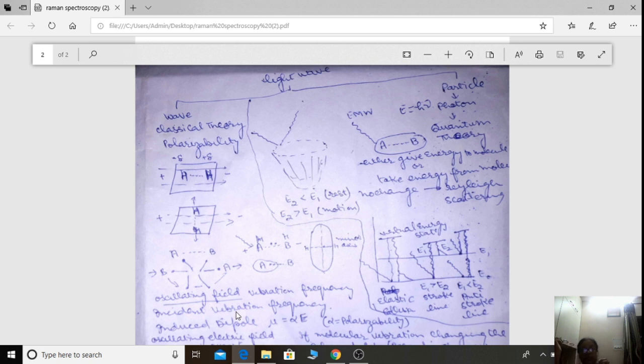In quantum chemistry, when Rutherford was working on it, he said the electron is moving in a circular motion. If it moves in a circular motion, it changes direction, that means its velocity will go on changing.